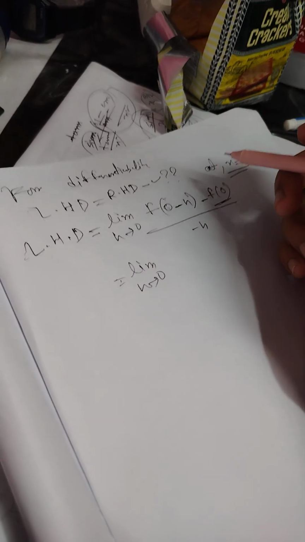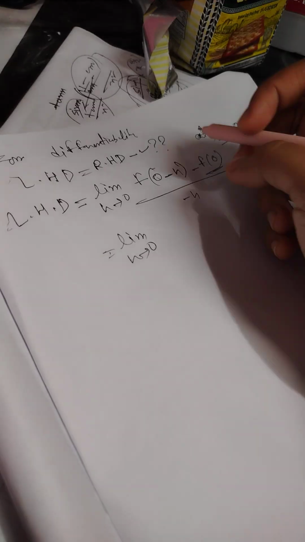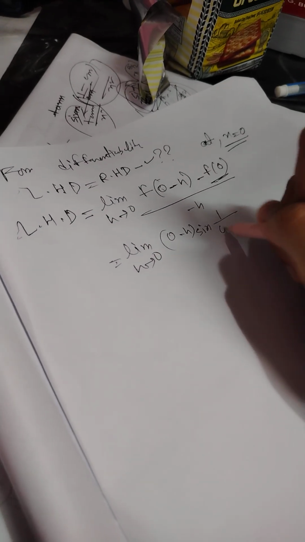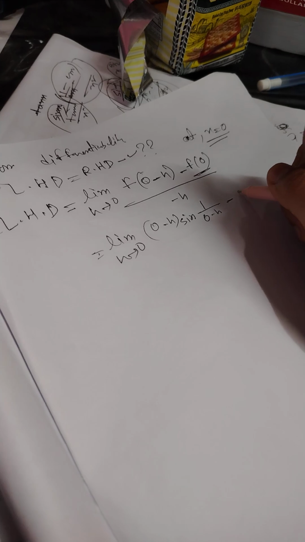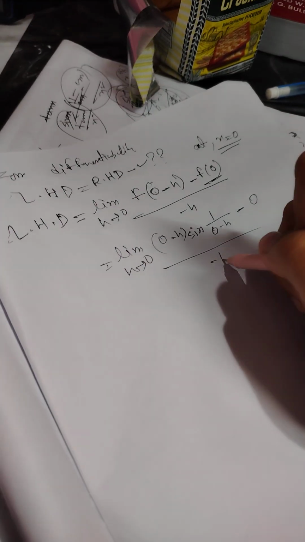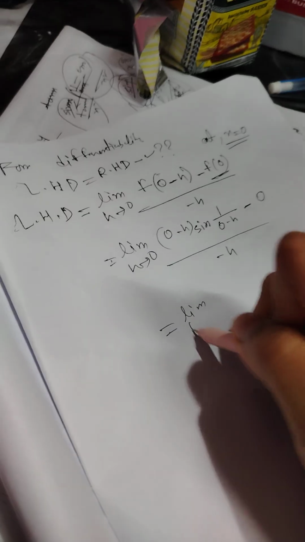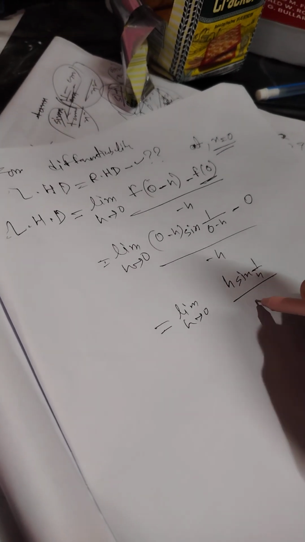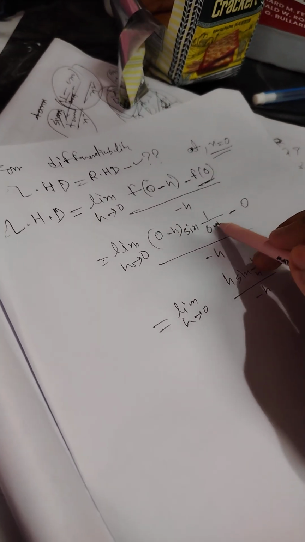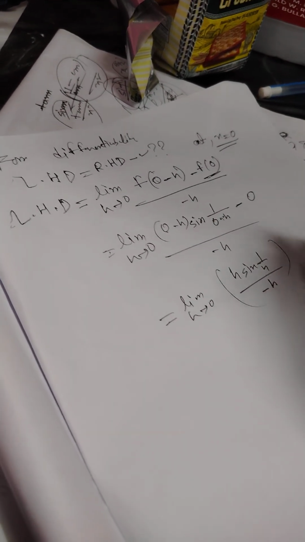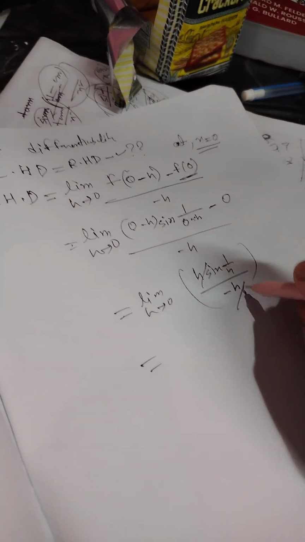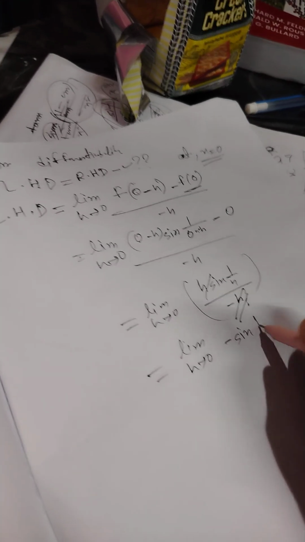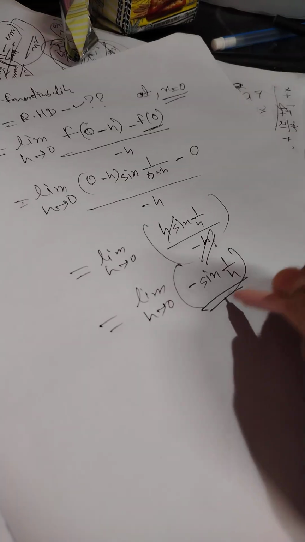So we have (0 minus h) sine 1 by (0 minus h), minus f of 0 which is 0, over minus h, as h tends to 0. Because we took the minus sign, we get something like sine 1 by h. Now the catch is that we don't know anything about this one.